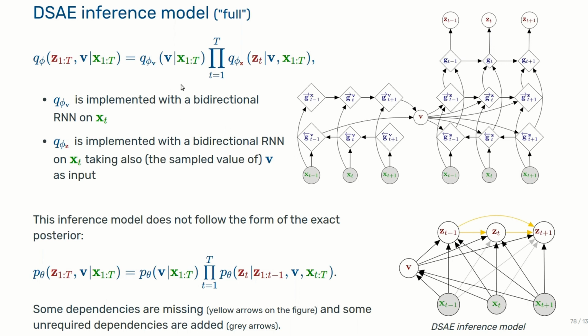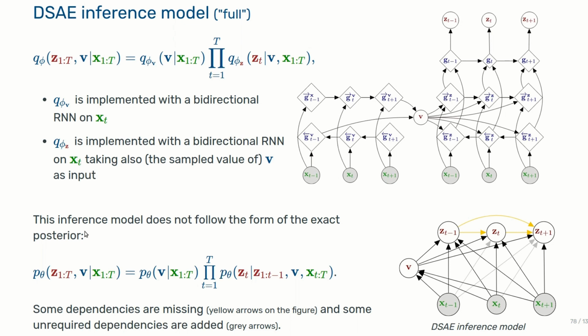This is because both the inference model of V and the inference model of ZT depend on the entire set of observations X from 1 to D. In addition, ZT depends also on V. So, this is why we need a forward and backward recurrency on the observations to estimate the posterior parameters of V, and we need a different forward-backward recurrency on the observations that is influenced by V as well, to obtain the parameters of the approximate posterior distribution of ZT.